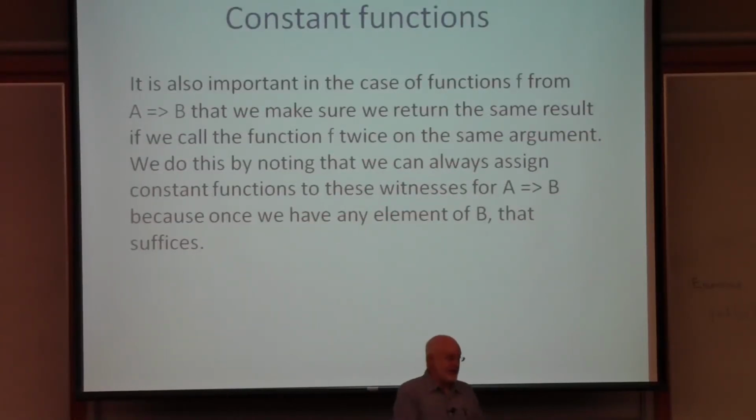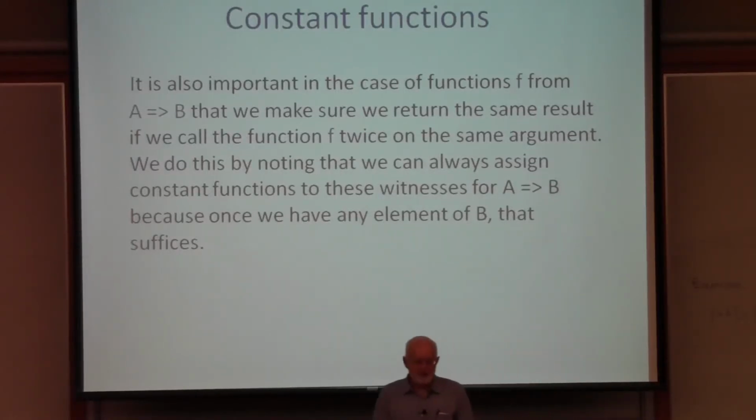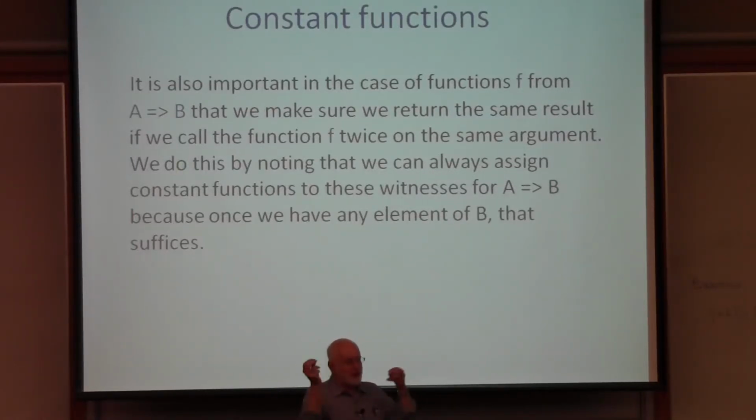Okay, but here's another thing, and the challenge problem I'm going to have for you at the end deals with this. How do you know, when you're applying this function on different arguments, that maybe you're going to have two arguments that are actually equal, but you can't see this? You've got to make sure that if the function is applied to equal arguments, it's going to give you the same value.